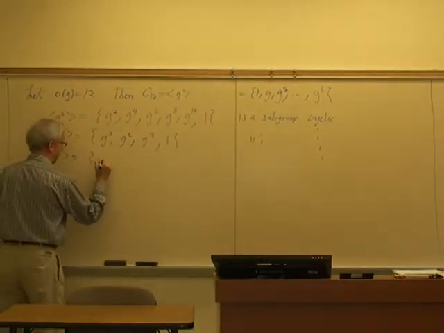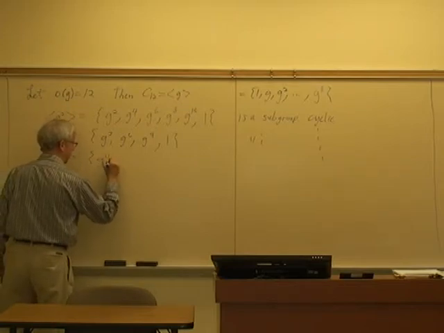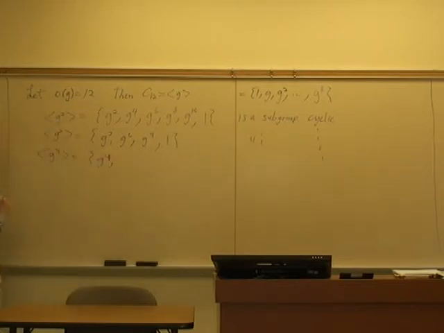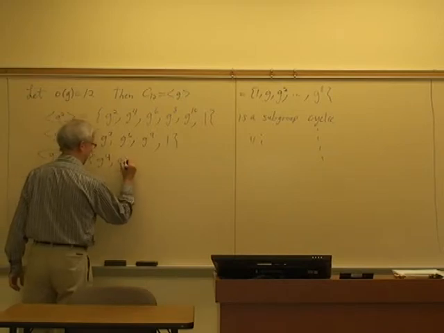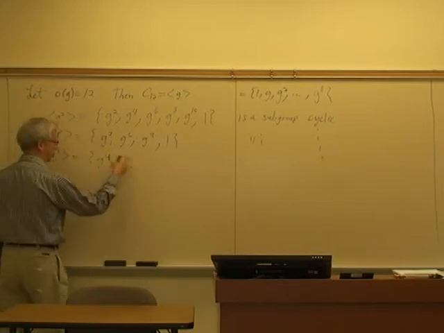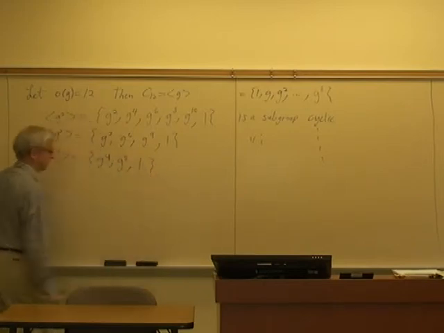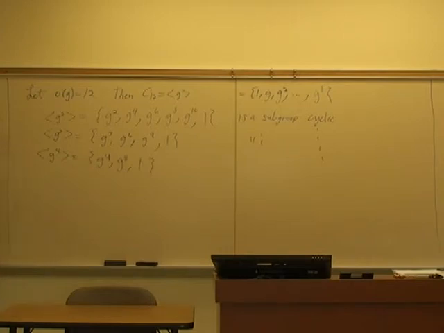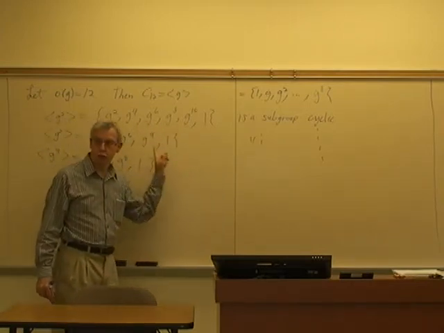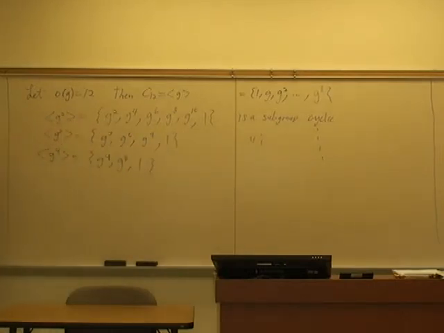If I start with G4, I get G to the 4th. What's the next element? G to the 8th. And the next element? 1, because it's G to the 12th again, right? And what's G to the 8th times G to the 8th? G to the 16th, which is G to the 4th. Right? So I'm really doing modular arithmetic, arithmetic mod 12 on the exponents.